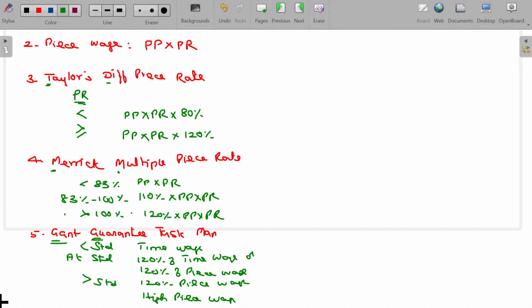And of course, the Emerson efficiency system is there, very rare to understand that. But in your Singar Academy text, I have given the basic formula for the Emerson system also. And you need to understand the premium plans also. Let me finish Taylor, Merrick, Gaunt, these three first of all.